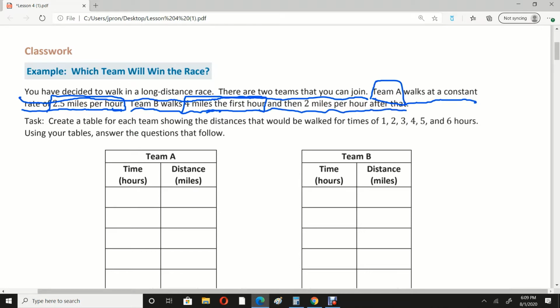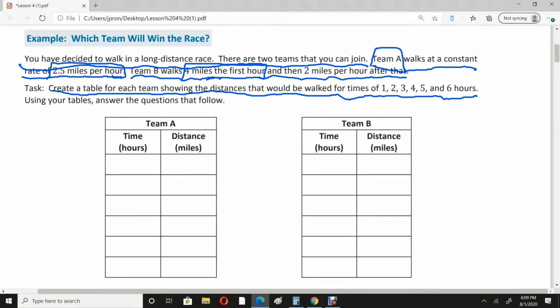Your task is to create a table for each team showing the distance that would be walked for times of 1, 2, 3, 4, 5, 6 hours. So you're going to come down here, and for table A, you're going to figure out for the first hour, so time in hours, the second hour, third hour, fourth hour, fifth hour, and sixth hour, how far would they have gone in miles based on the information we're given up here.